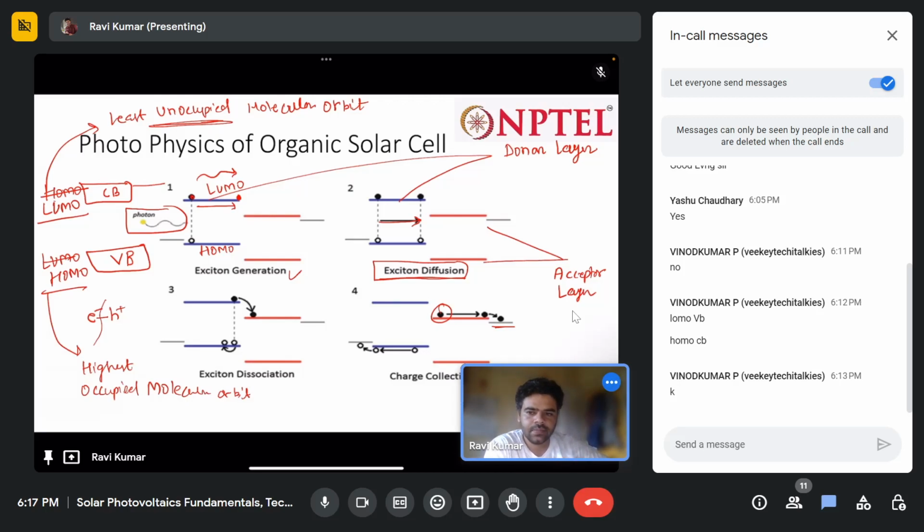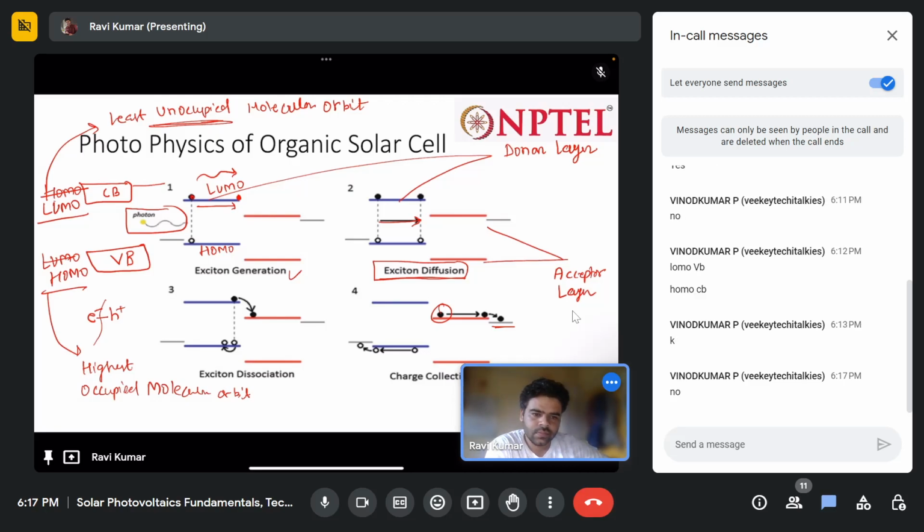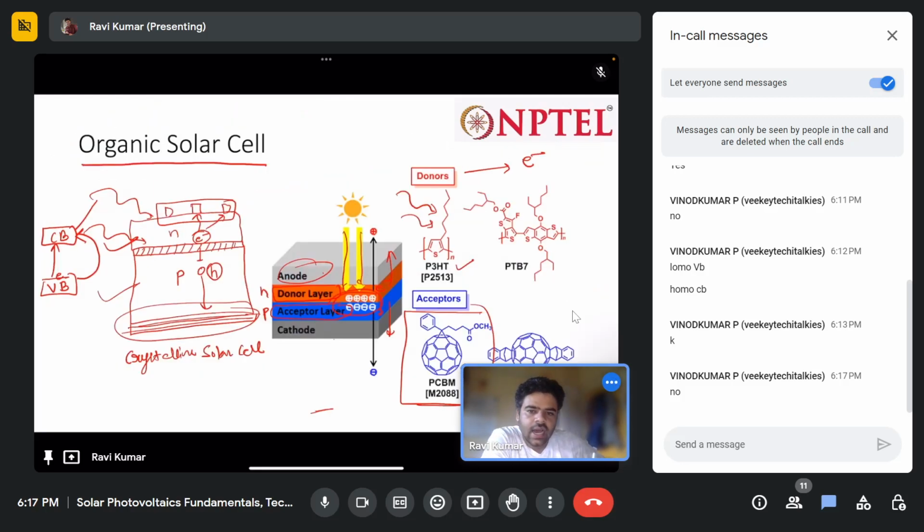Any doubt here? No. Okay. So this is all about the photophysics. Now we have seen how the electron and hole pair are generated here, how they are collected, compared to a crystalline silicon solar cell. So one thing is clear: how the organic solar cell works.